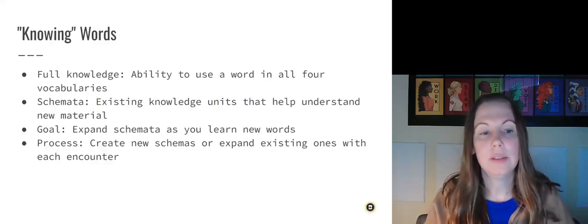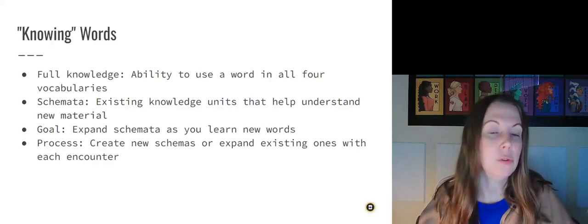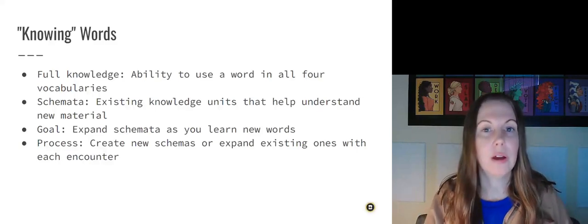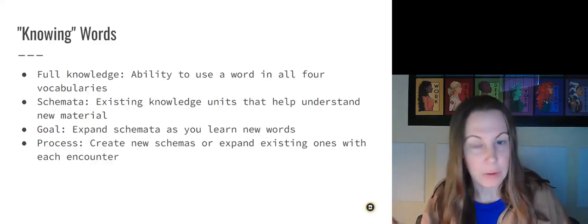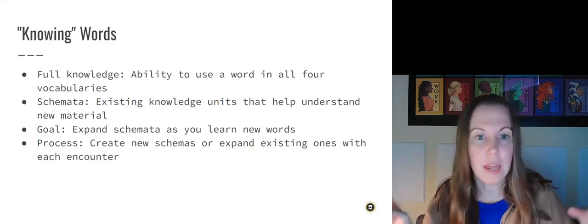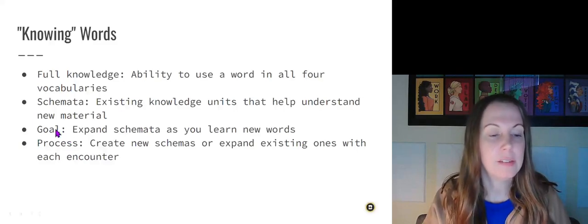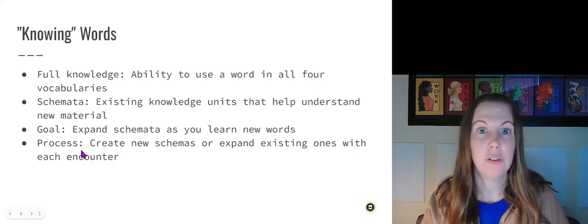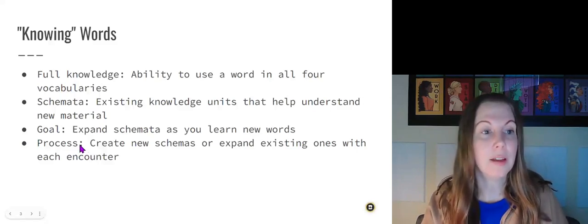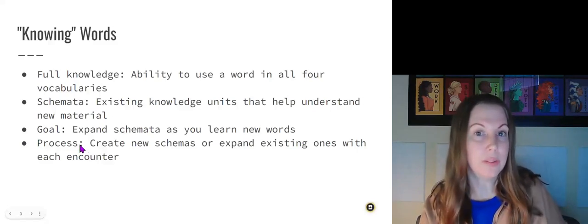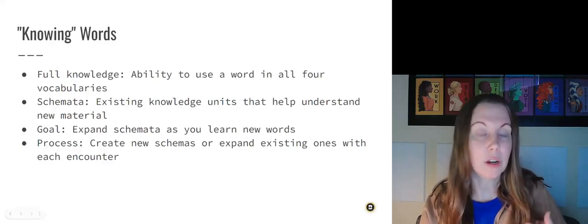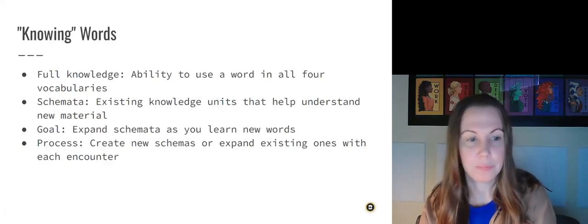The goal is to expand your schemata as we learn new words, so that when you see it in the wild, or you hear it in the wild, you will be able to process it and understand it better.